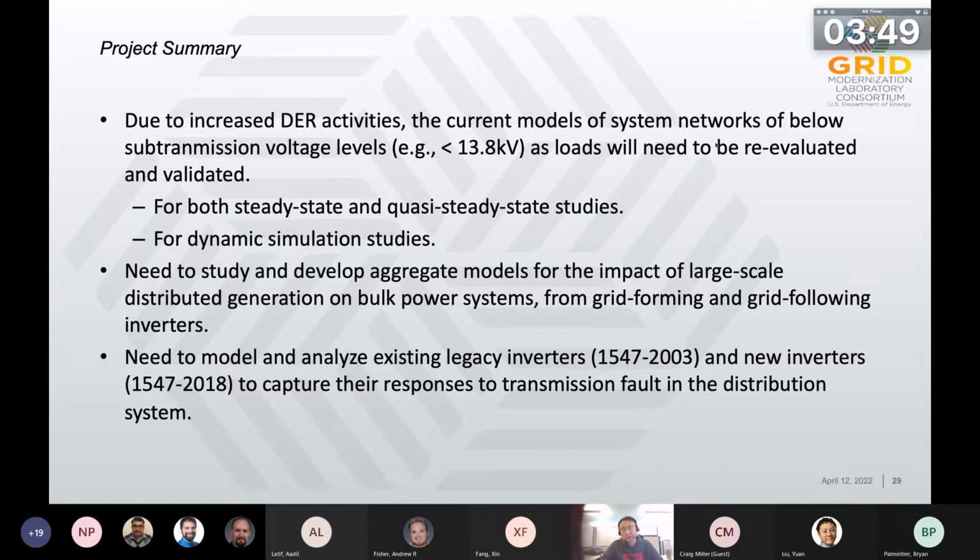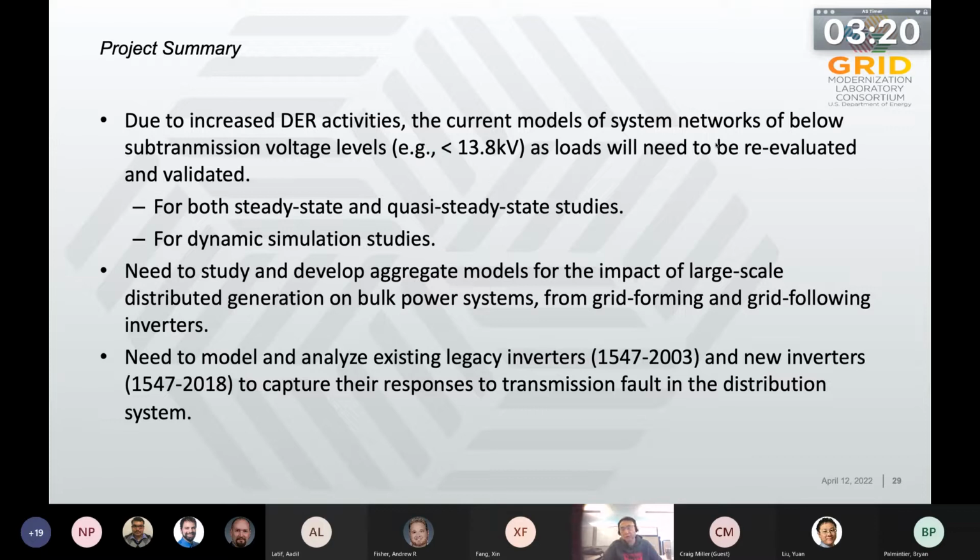Because of the increased DER activities in the New England area, there has been a lot of behind-the-meter solar PV integrated into the system, and it's growing very fast. The current system network models treat any distribution system below 13.8 kV as invisible. We represent them as loads, and as dynamic composite loads at best.